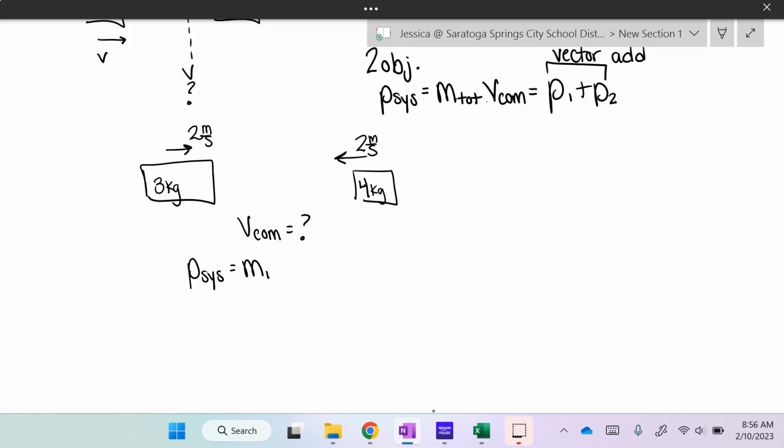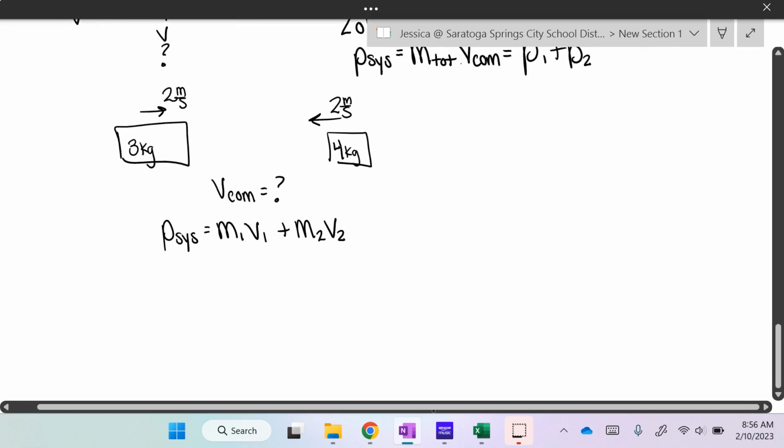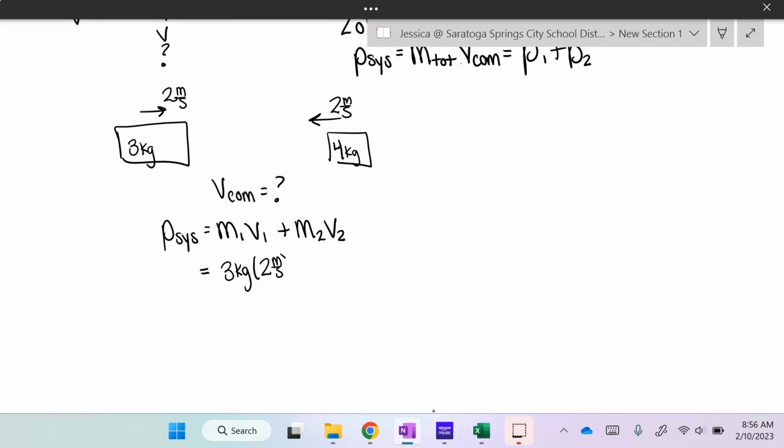And I would do that by doing the mass of the first object times the velocity of the first, plus m2 v2. And since they're both in parallel directions, meaning not perpendicular, I'm not going to worry about any Pythagorean theorem. So m1 is 3 kilograms, v1 is 2 meters a second. This is 4 kilograms, and I'm making sure to plug this in as a negative 2 meters a second.